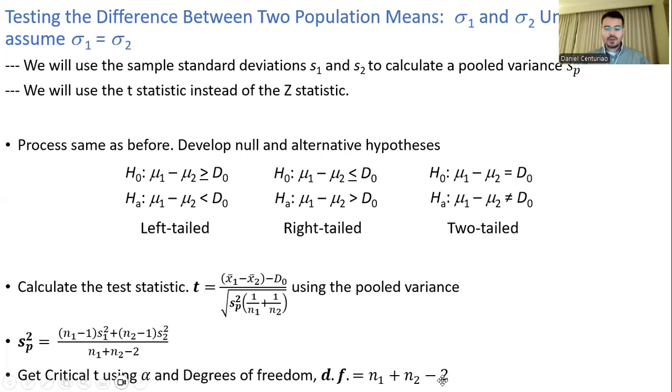If not, we need to use the correction term, which is in the note of this slide and in the book as well. Most of the time you're going to apply the standard version where the assumption holds, and you calculate the degrees of freedom as the number of observations in sample 1 plus the number of observations in sample 2 minus 2.